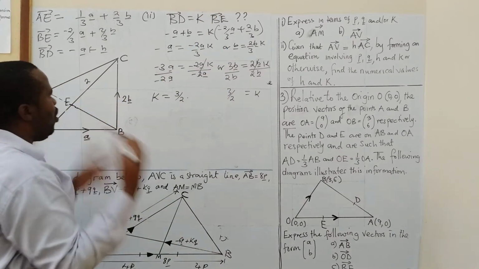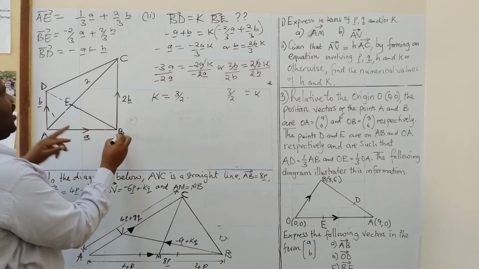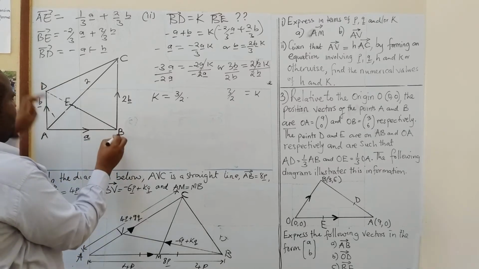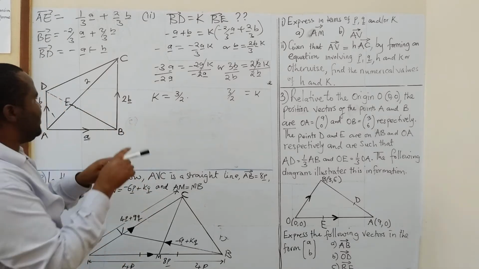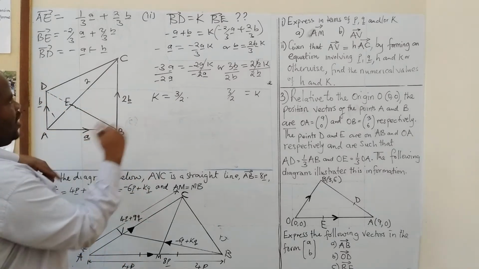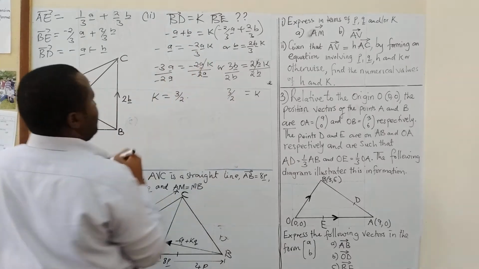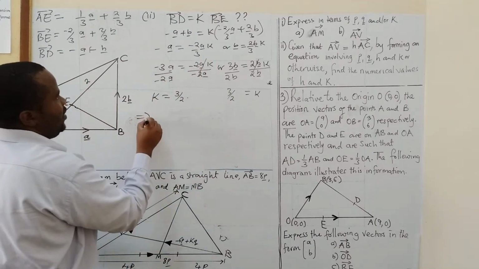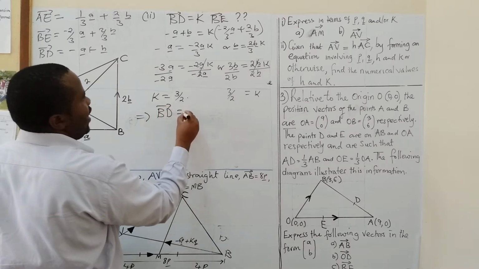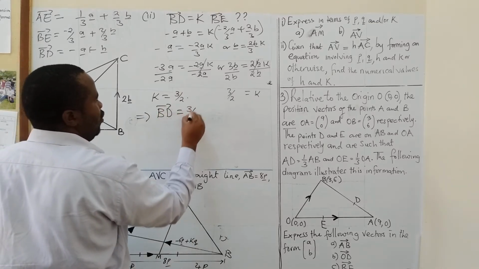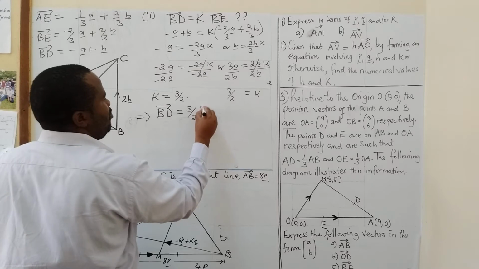If that holds, then we are going to say BD and BE are parallel. Being parallel simply means they also lie on a straight line because they have got a common point. So BD can be produced by saying, what is our K? It is 3 over 2 BE.